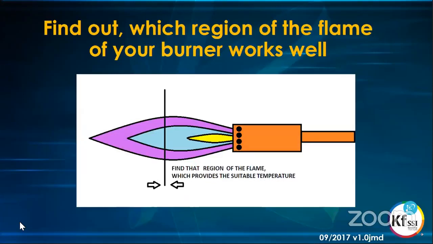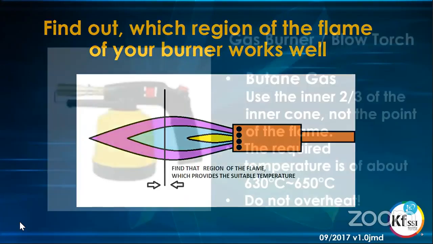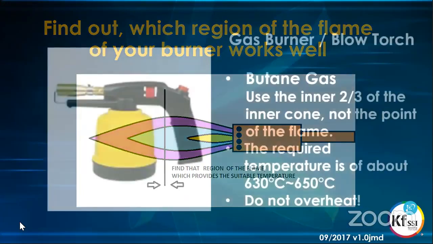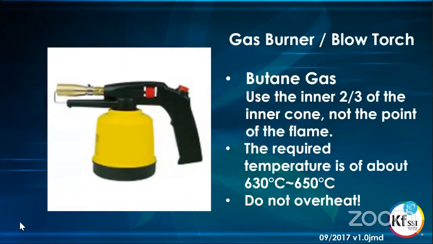Now there are two important points to remember. One, to achieve the right temperature, around 630 to 650 centigrade, which you usually cannot measure without a special instrument, but you can judge by the color of the surface. Two, in no case should you raise the temperature until the copper becomes red hot.